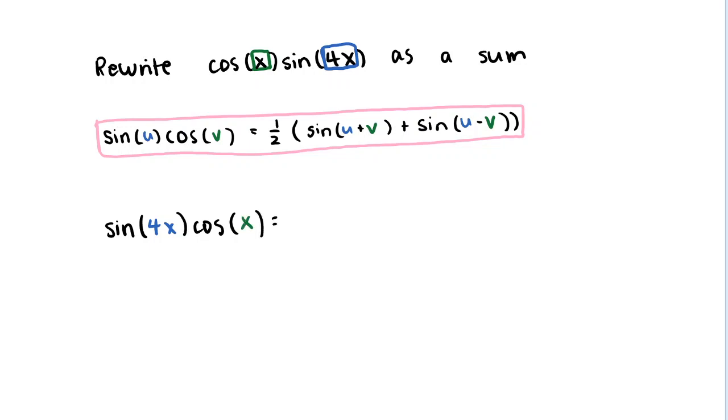And so our identity tells us that this is 1/2 times sine of 4x plus x, plus sine of 4x minus x.